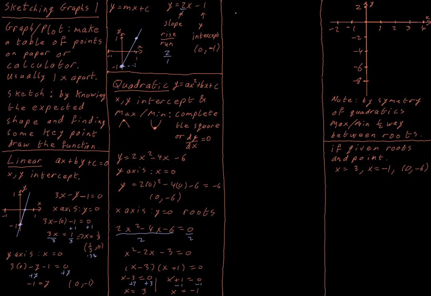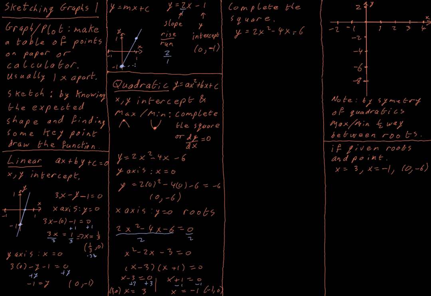So my points are (3, 0) and (-1, 0). So I now have lots of points, but I can get even more because I can also get the max and min. So we'll do completing the square to begin with.